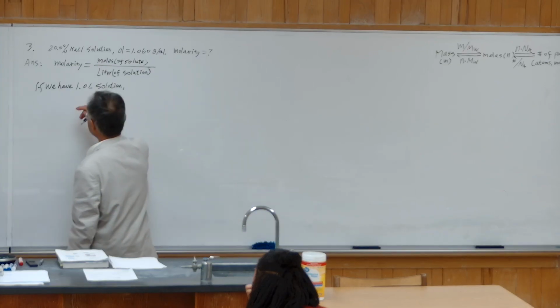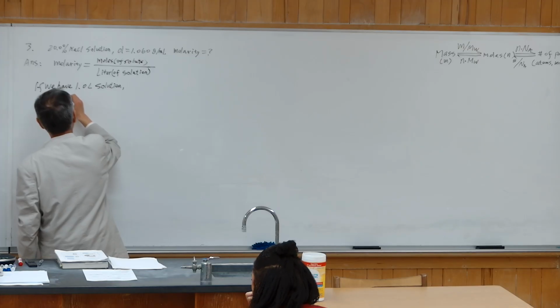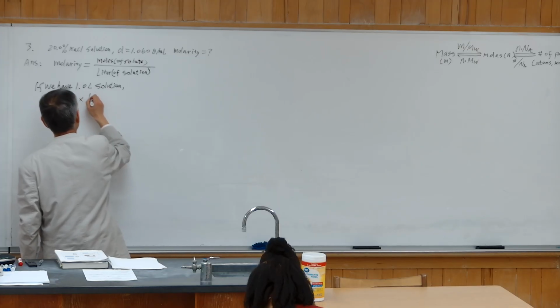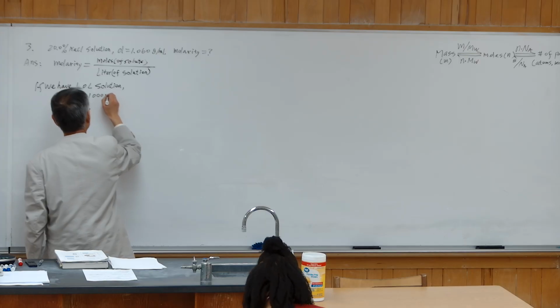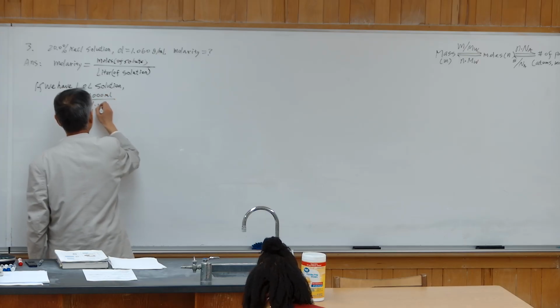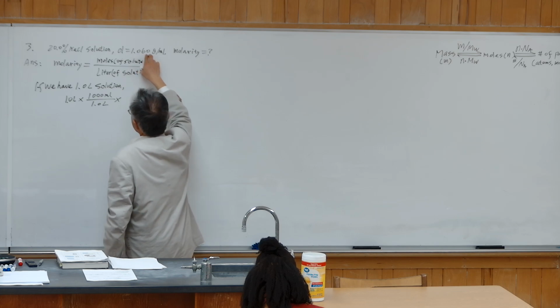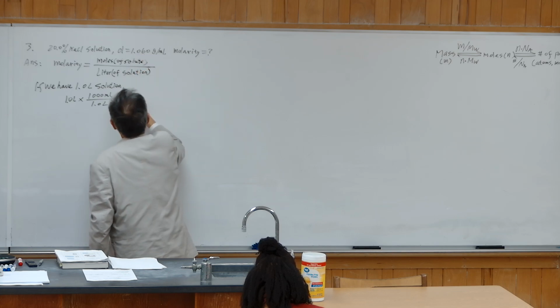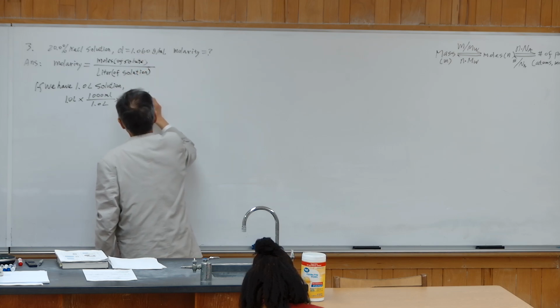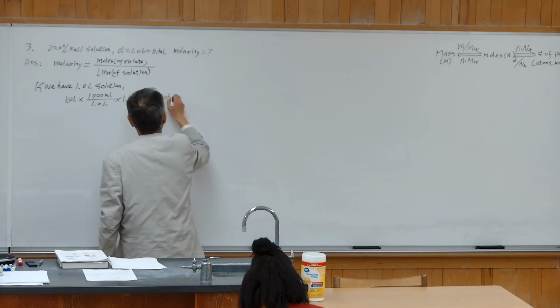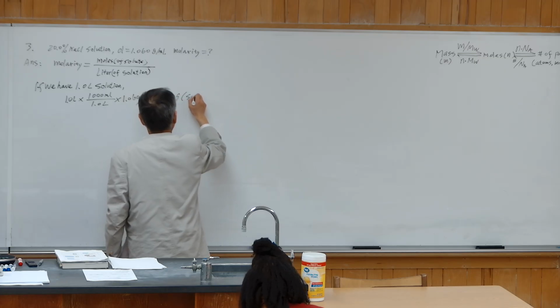So from this volume, the 1 liter converted to milliliters. The volume times density will be mass. This is the mass of solution.